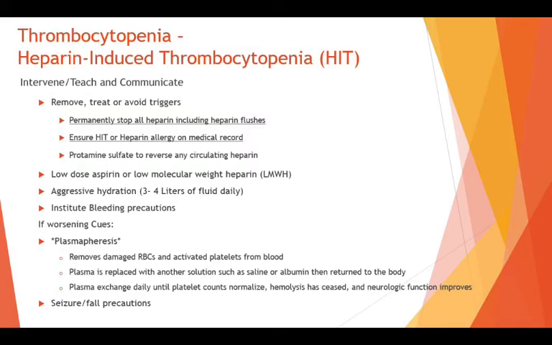We do have a thing called protamine, which reverses heparin. I don't know if you learned about that anywhere in your history, but if this patient was getting heparin as an anticoagulant, and now all of a sudden they are clotting and having microclots, that's a sign of HIT, because with heparin you shouldn't have microclots being formed.